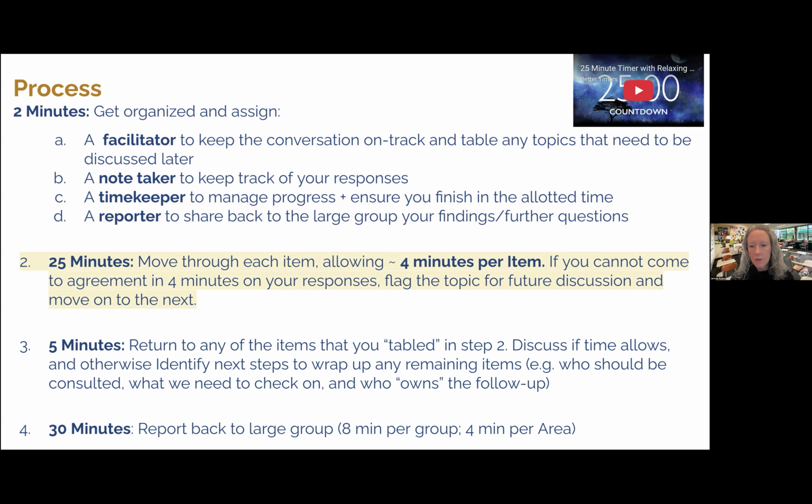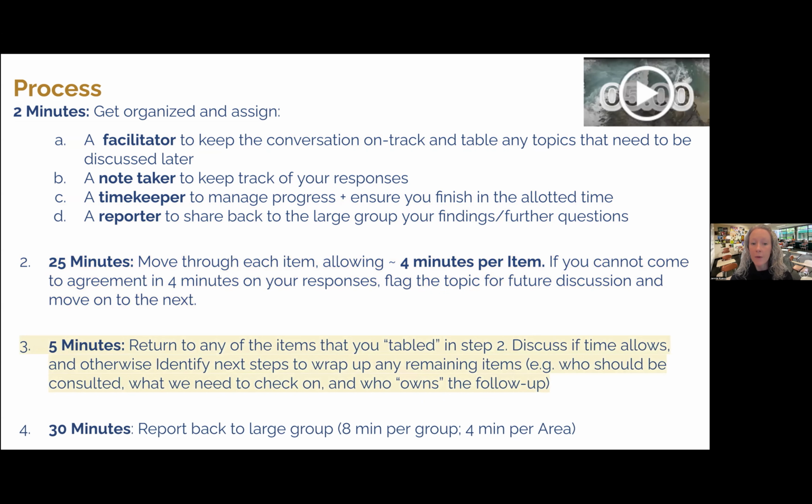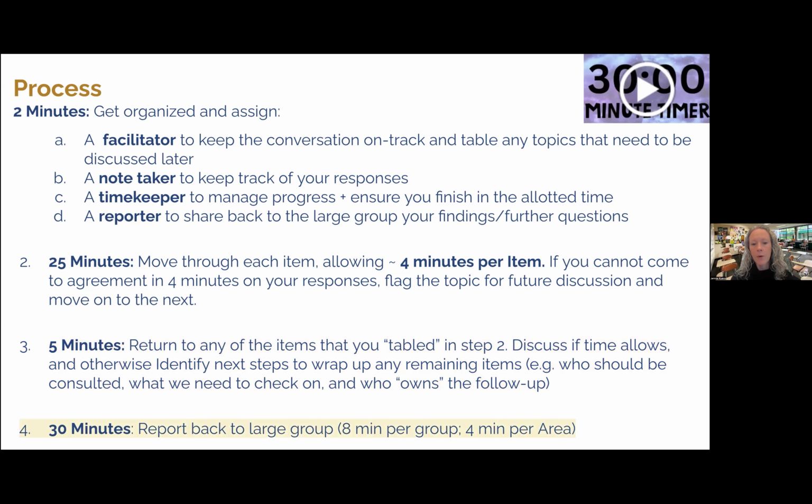So just talk about all the different things that we could think of that fit into this area. And then took 5 minutes to go back to anything that might have been tabled, if something was unclear or the conversation was going in a different direction, but to be able to allow a wrap up. And then we took 30 minutes to report back out to the group. So that was about 4 minutes per area. And again, I was able to also collect people's notes at the end.